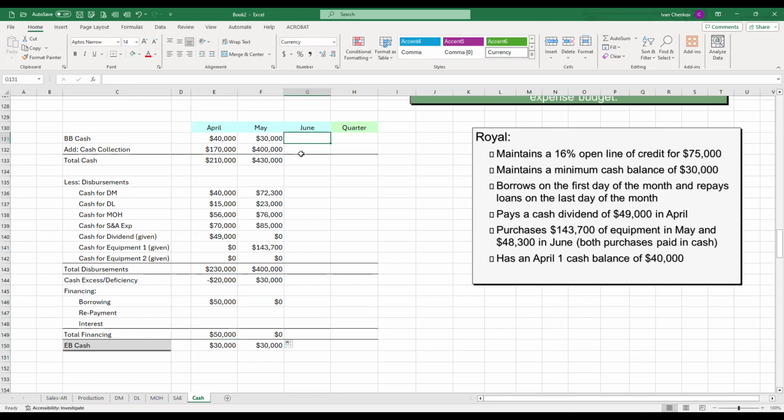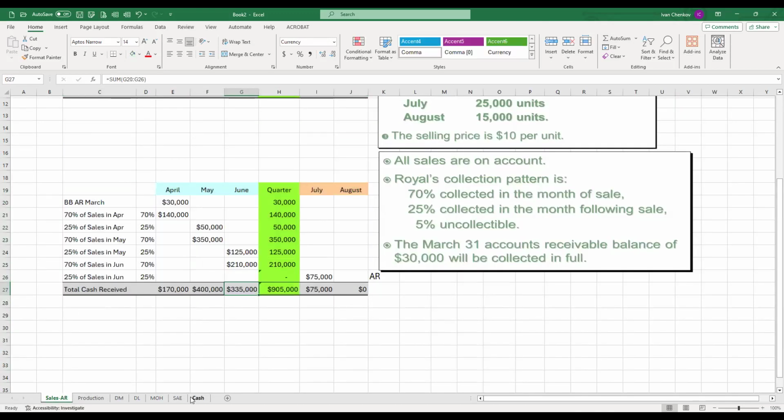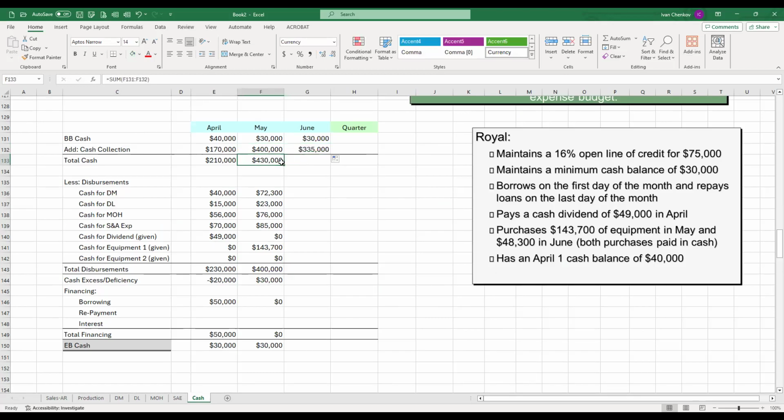And the next month, June, we're gonna start with 30,000. Our collection will be 335 from that budget, 335,000. In total, we're gonna collect $365,000. Direct material, direct labor, manufacturing overhead, selling administrative expenses, we're gonna get from above.